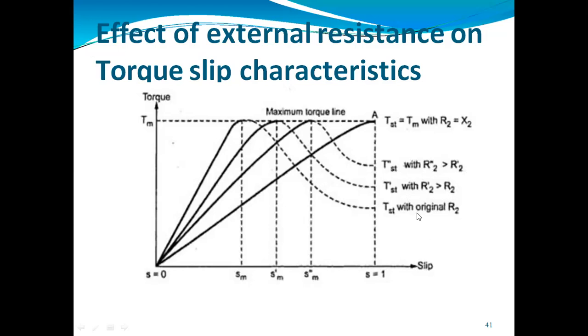So you can say the speed of the induction motor can be controlled by inserting additional resistance, because by increasing the value of internal resistance, you will require external resistance, which you can give through a slip ring.